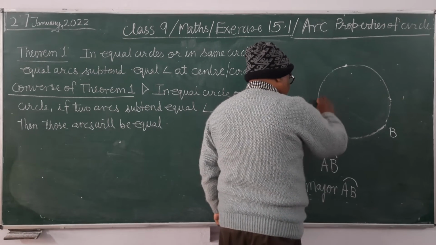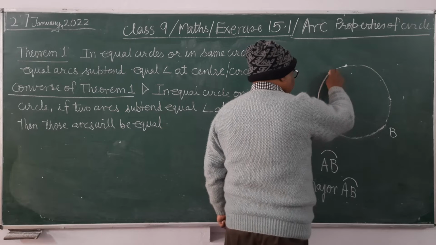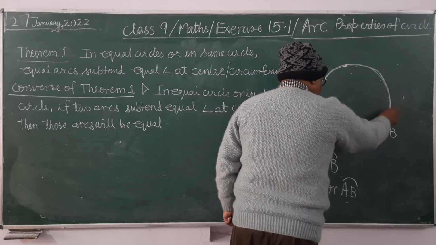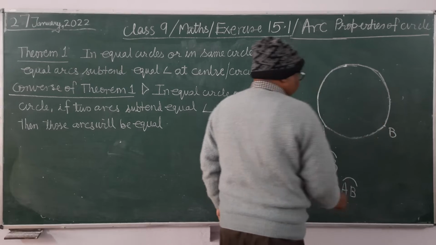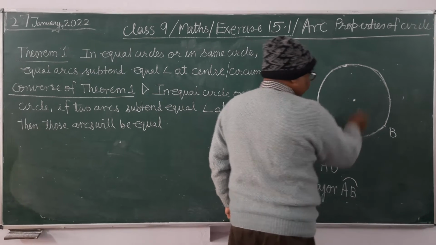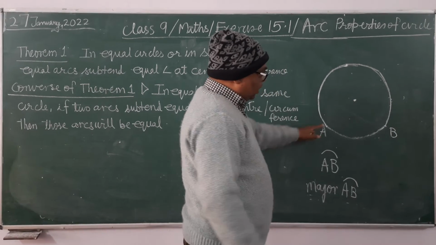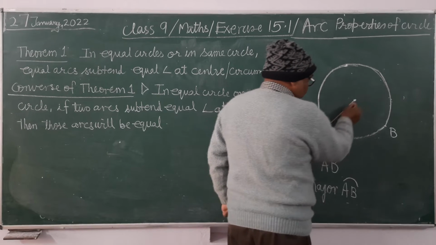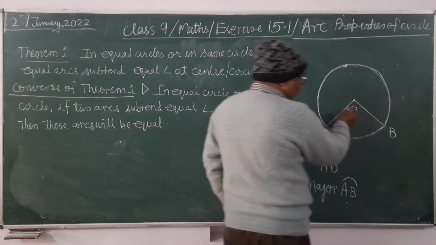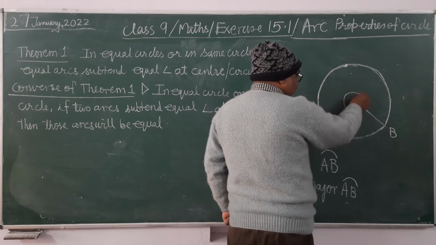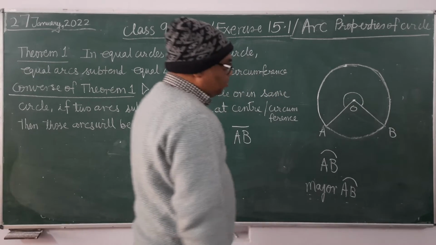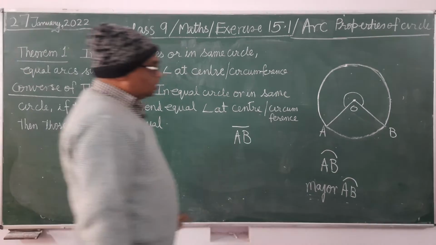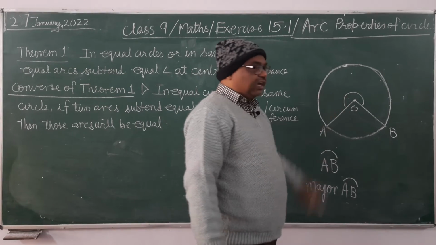What will be the angle subtended by major arc AB at the center? The procedure is the same. You join A to O and B to O. Now this angle will be the angle subtended by major arc AB at the center. This we call the reflex angle AOB.